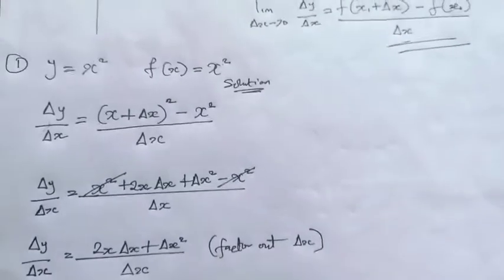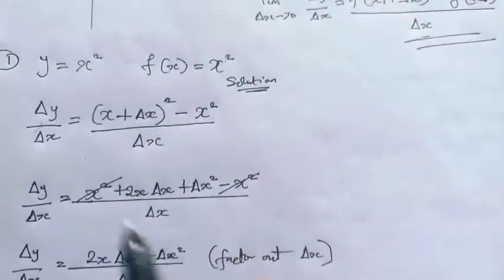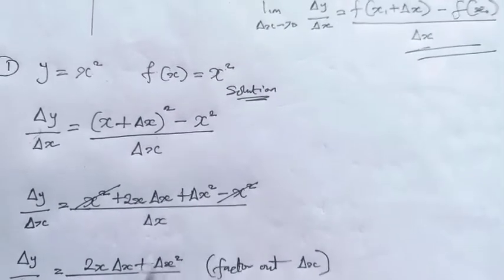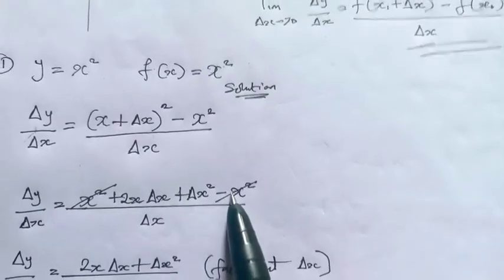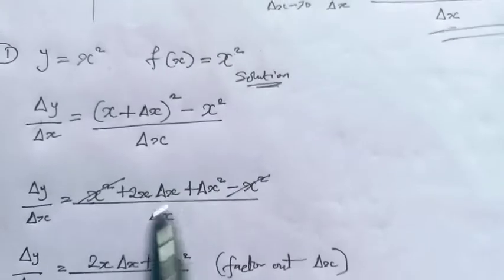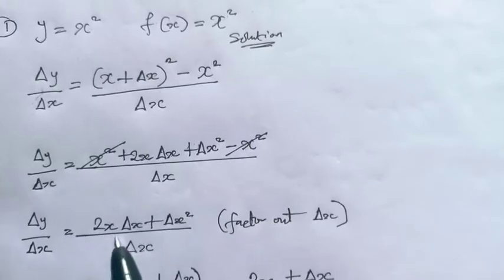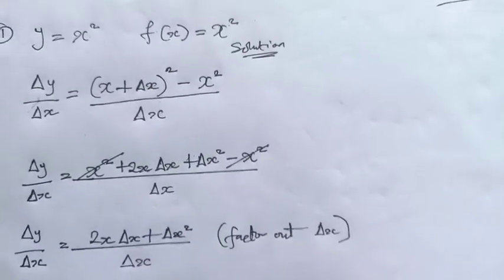This is simply algebra: when you expand and open the brackets, you get this function. We have a positive x squared and a negative x squared, which cancel out. Once these two cancel out, it leaves me with 2x change in x plus change in x squared in the numerator, divided by change in x.